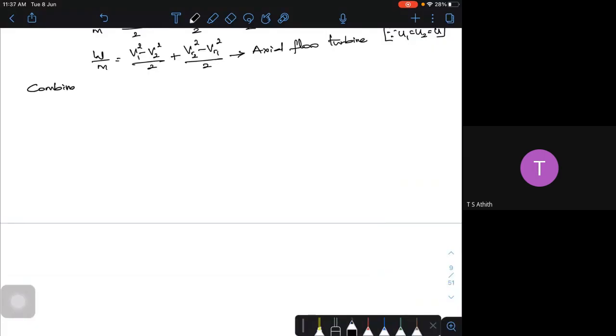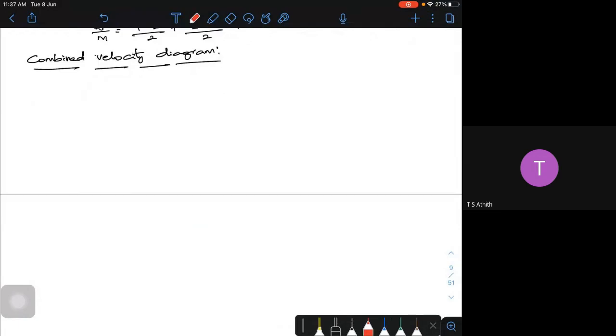Here I am going to combine both your inlet and exit velocity triangles on a single base. So in an axial flow machine, or in most of your steam turbines, as I told, we are going to go with an axial flow machine. It's an axial kind of thing. I will be having a common base, that is your U.